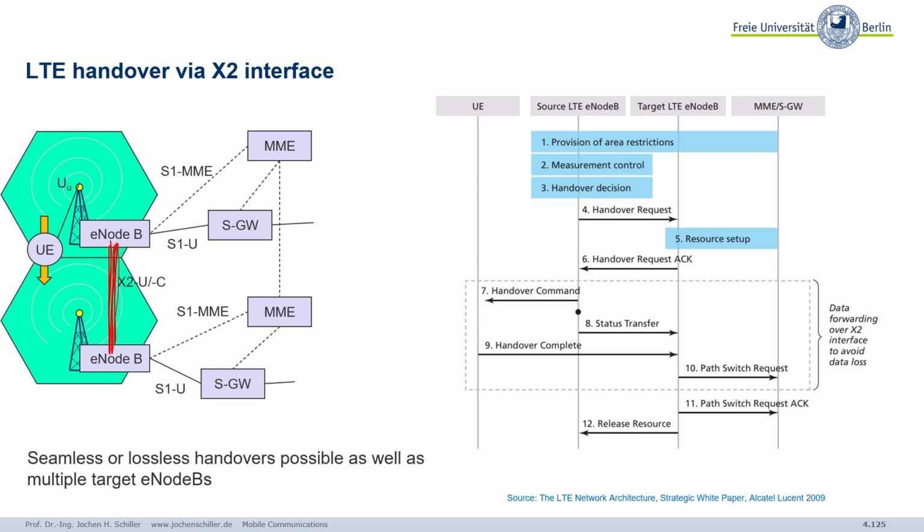And the other thing is the lossless handover. Lossless, that means we do not lose packets. With the seamless handover, it could be the case that there are still some packets en route to the old routers. Then we switch over, we have the newest packets, and maybe we drop some packets. I mean, we know this from the internet.